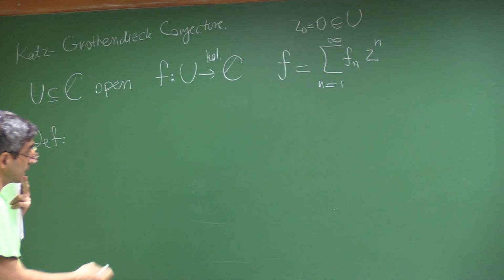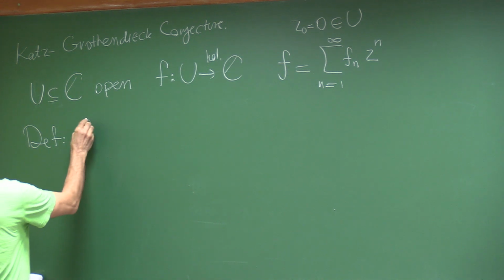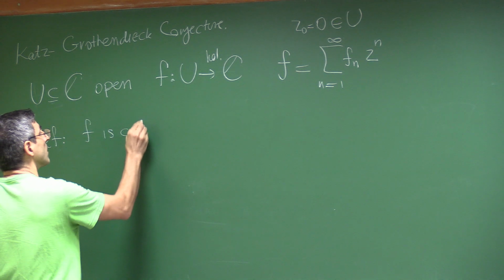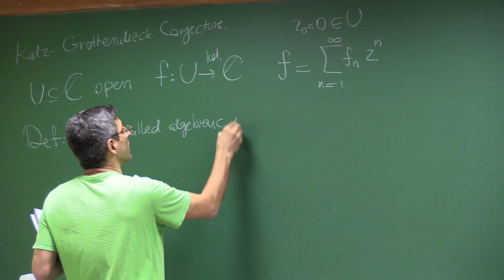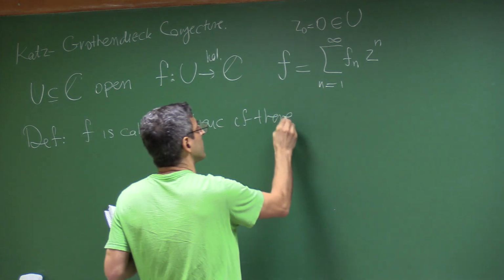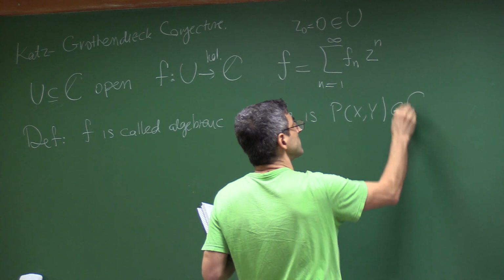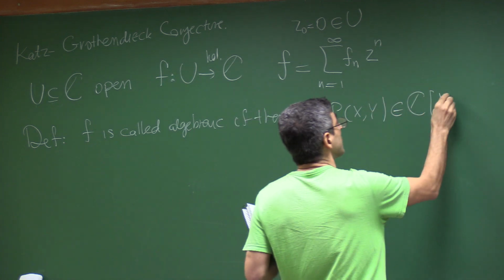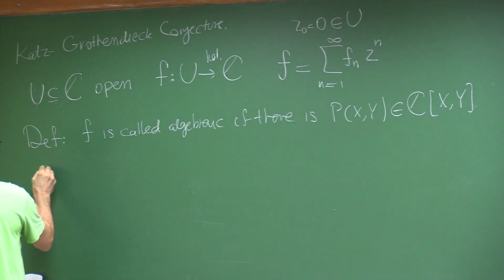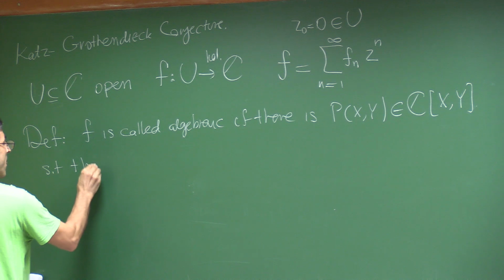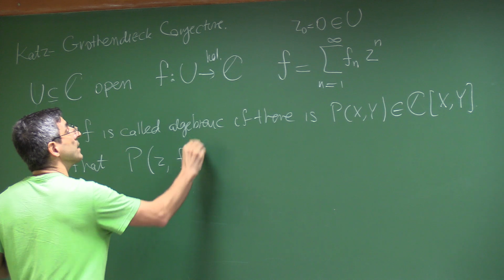One of the first challenges is when holomorphic functions are algebraic. F is called algebraic if there is a polynomial in two variables, you can take its coefficients in C, such that P(z, F(z)) is 0.